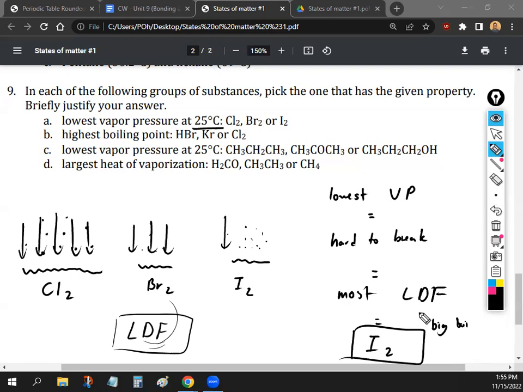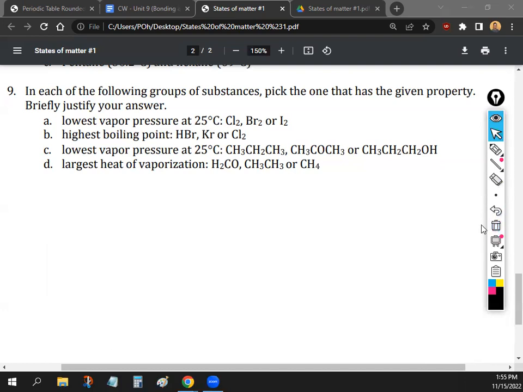Okay, let's go to highest boiling point for part B. For part B, we got HBr, Kr, and Cl2. We want to figure out the intermolecular forces that they experience. Let's start with HBr.